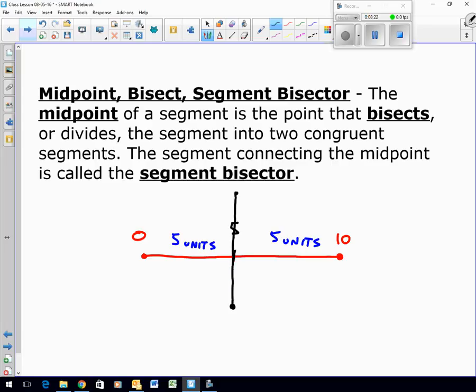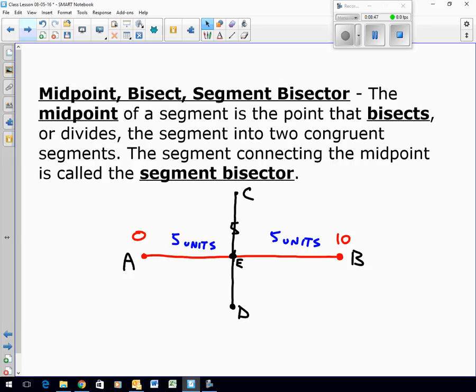We talked about this. If I labeled this AB, I labeled this CD. I kept the 5 units up there, and I said that point right there, E, is the midpoint. That means that that point, that CED point, is my segment bisector.